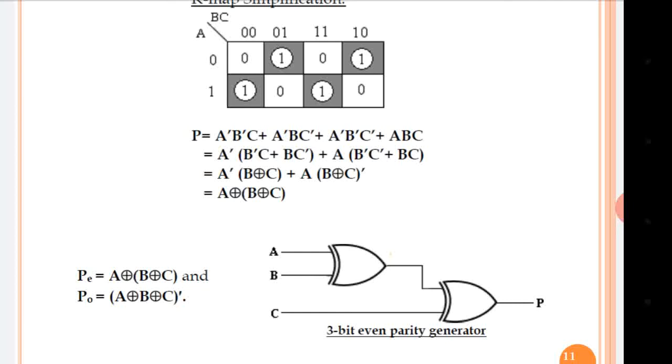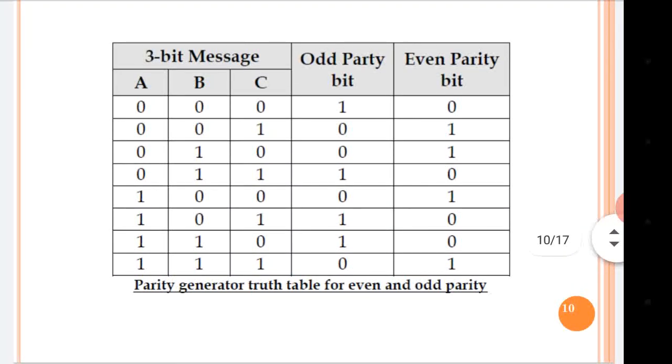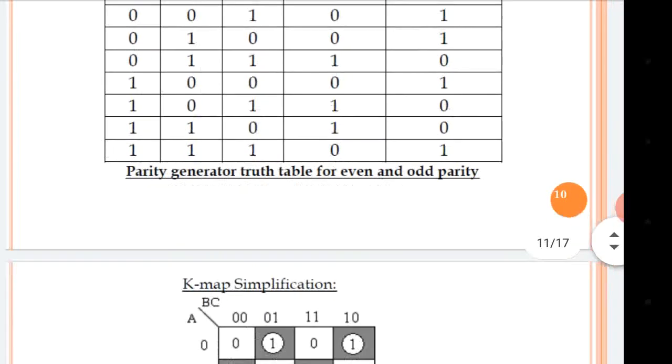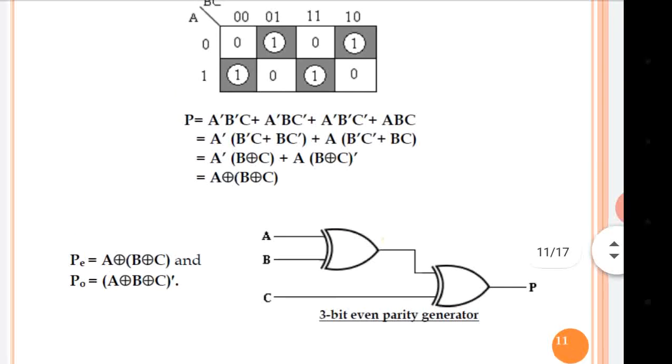The third diagram indicates the Boolean expression for that, and the logical diagram also. If you simplify the K-map from this table for the odd parity bit, then we will get the answer as A XOR B XOR C, in which we can implement.